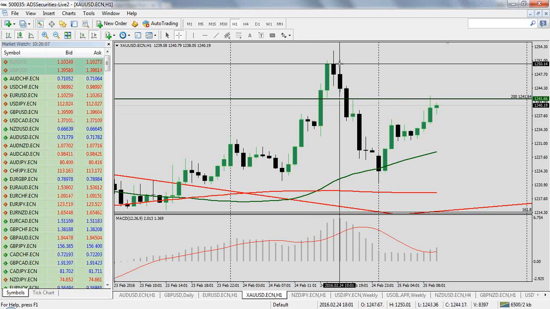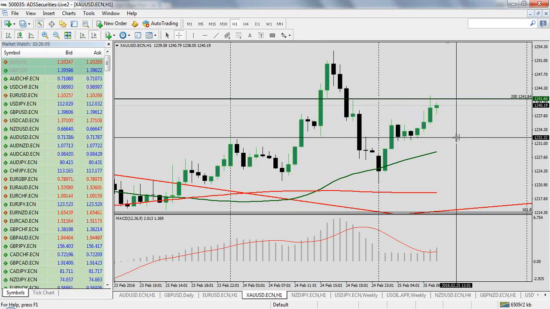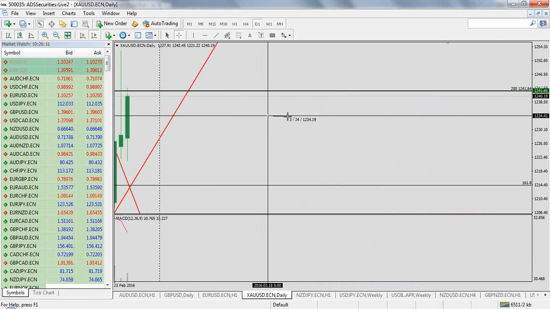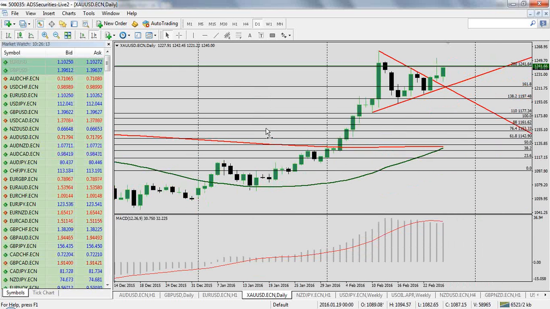So we have seen these levels to be achieved, and once again we are looking for the market to be on the move. However, one thing is worth mentioning today, that we had yesterday on daily time frame a reversal candlestick formation. So what it tells us is that possibly we are likely to see a reversal from the market.